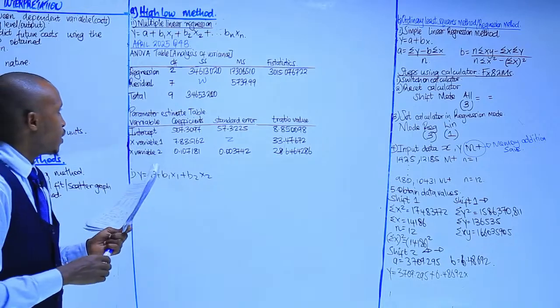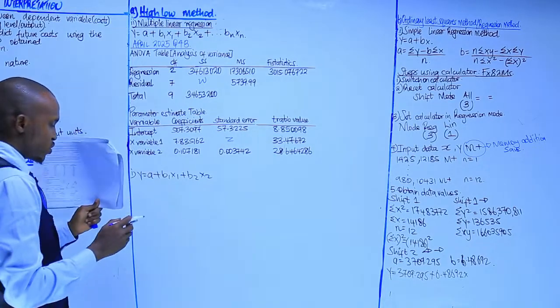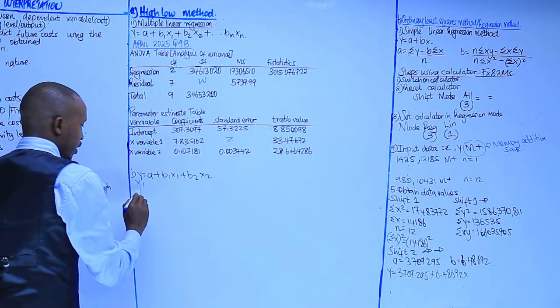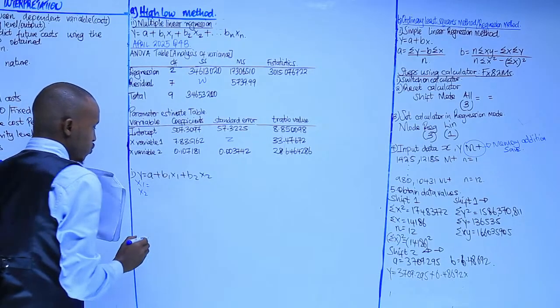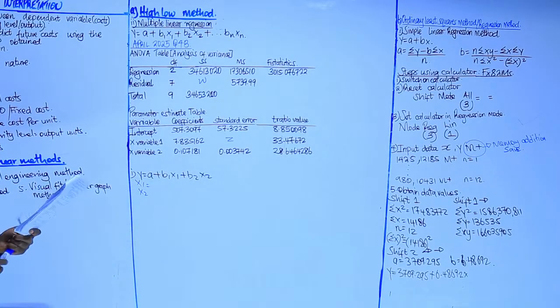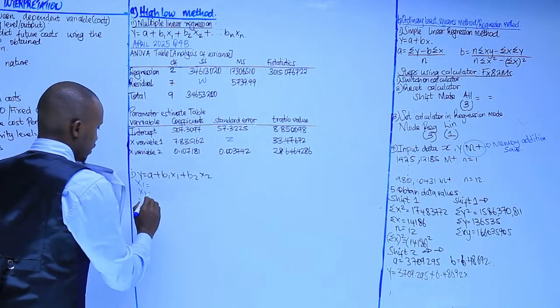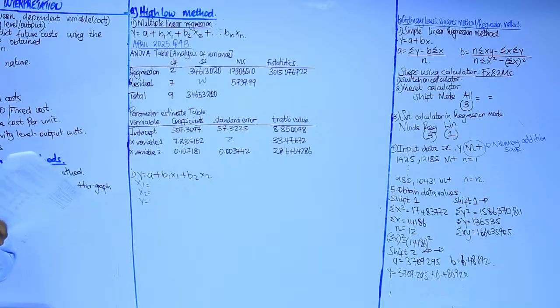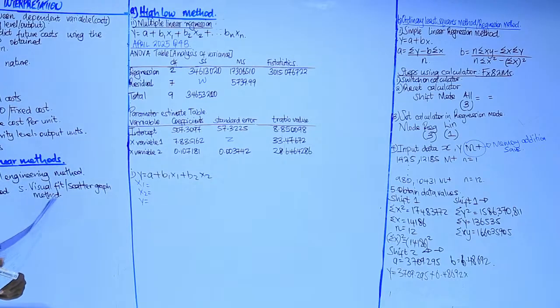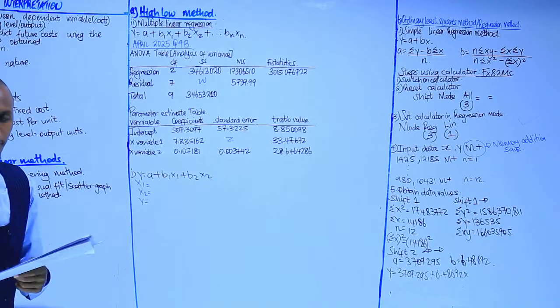Now, the first thing you realize is that x1 and x2 you must be given, where we know x simply means the independent, y means the dependent.